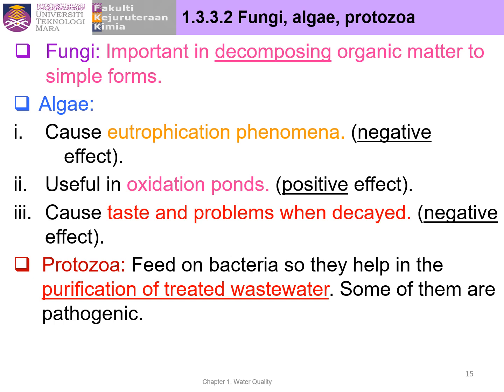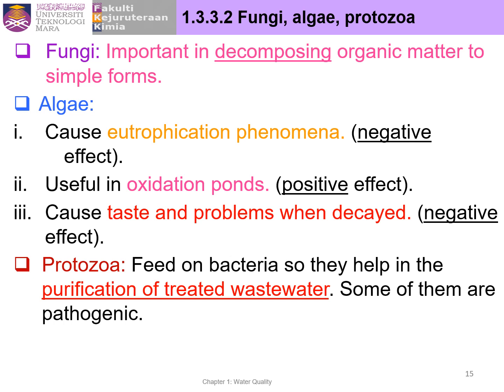Okay, and then next we have fungi, algae, and protozoa. So fungi, why is it important? Because it is used to decompose organic matter into simpler forms. Okay, and then algae. The presence of algae can have a negative or positive impact.